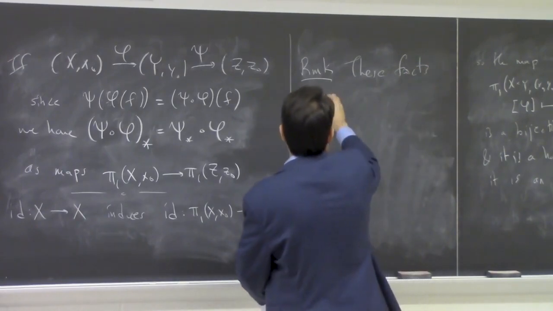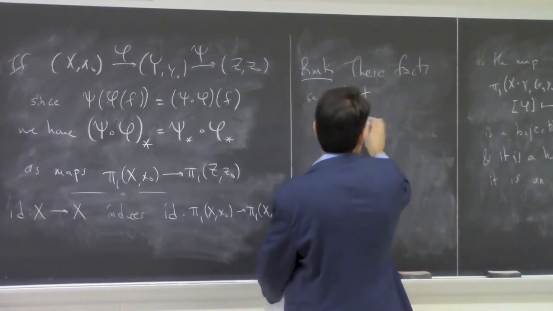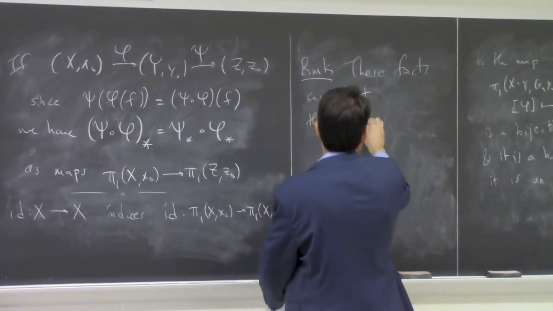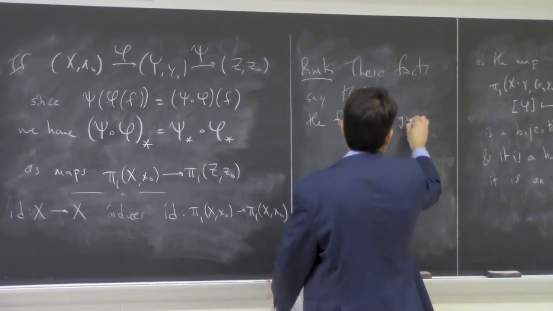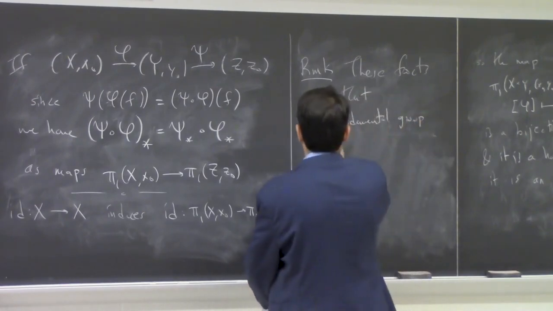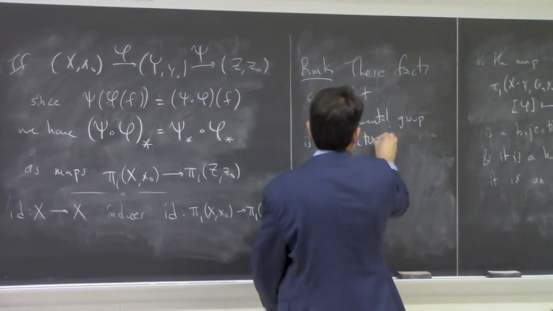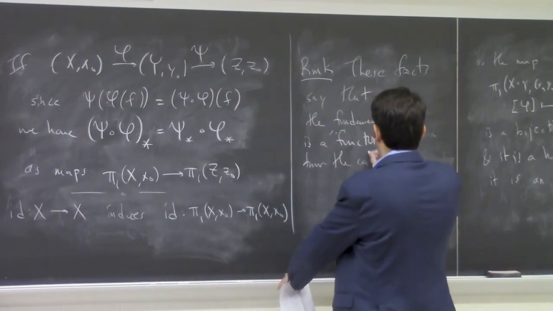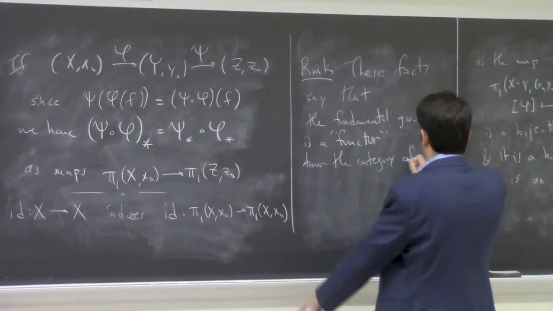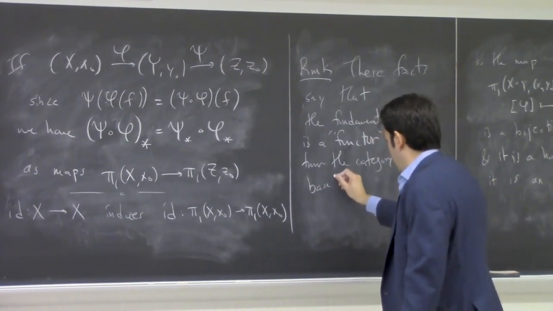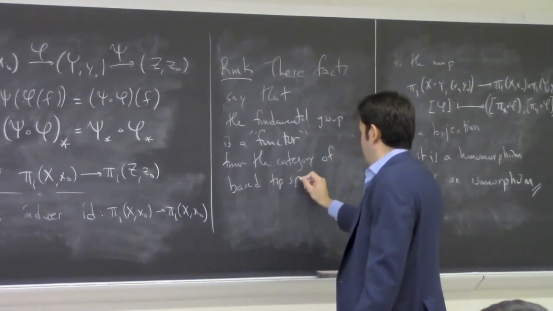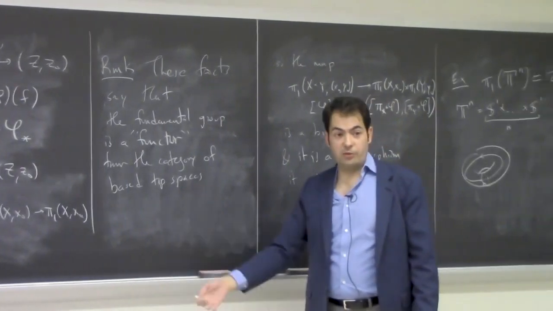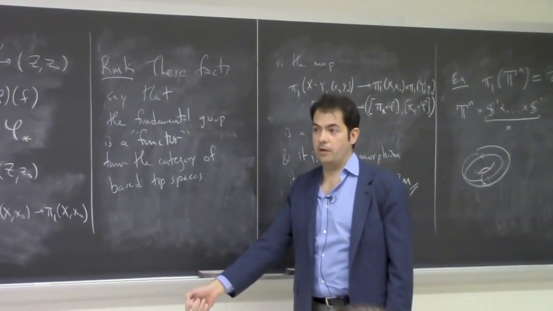These facts say that the fundamental group is a functor from the category of based topological spaces. Right? So objects consist of a topological space together with a point on that topological space.